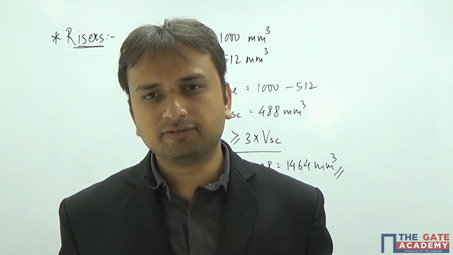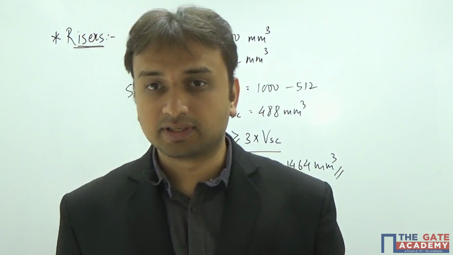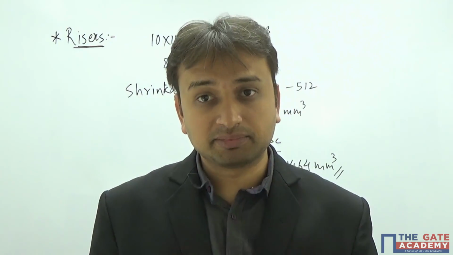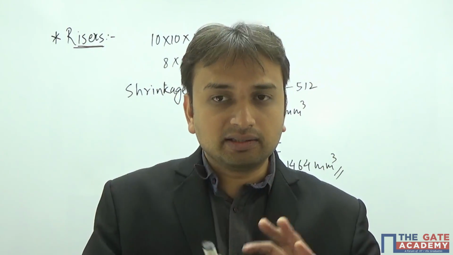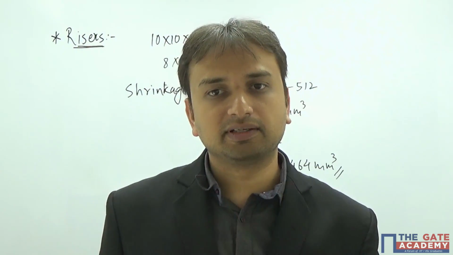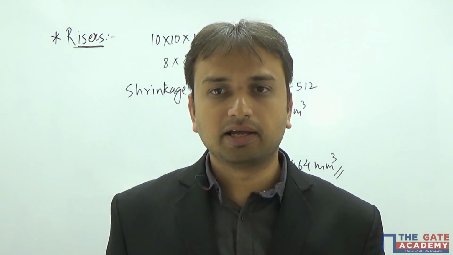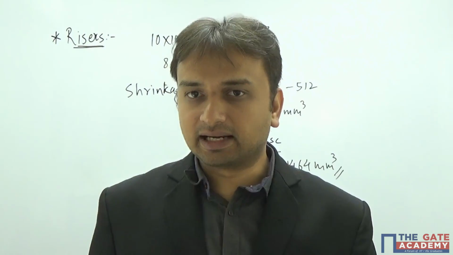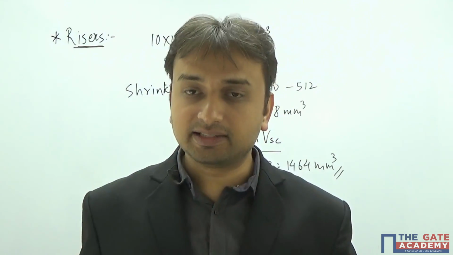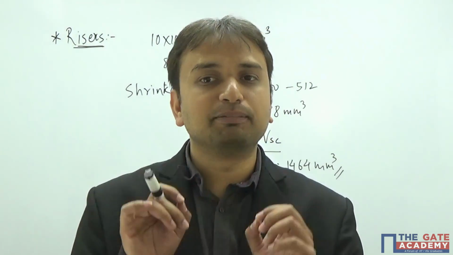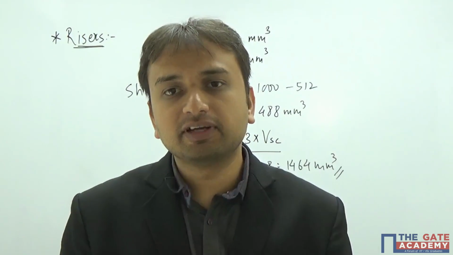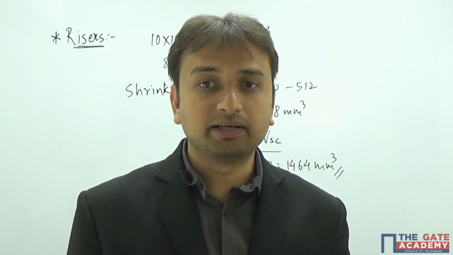So what if, sir, I understood the minimum surface area is going to be obtained in the sphere, then let us make the risers spherical. Fine, we make it. Then what will happen, although the spherical riser is going to hold that material, that molten metal, for a very, very long time in molten state, mind it.